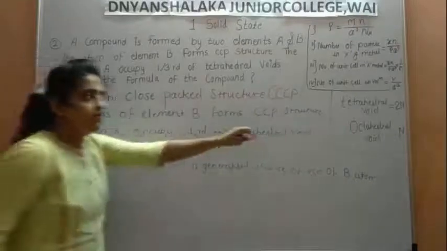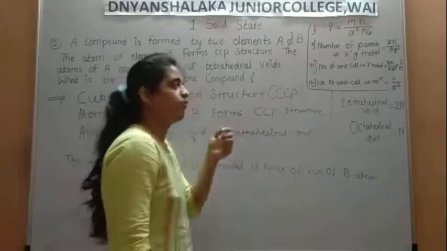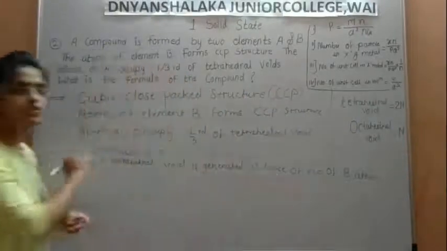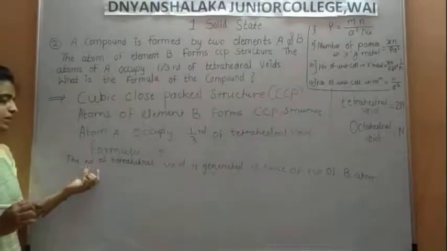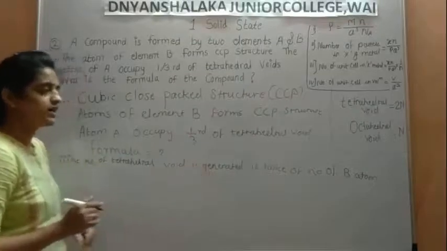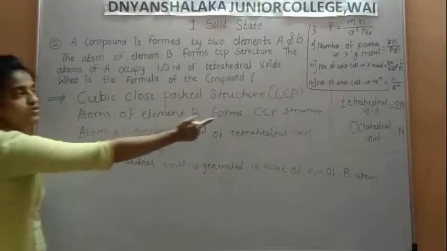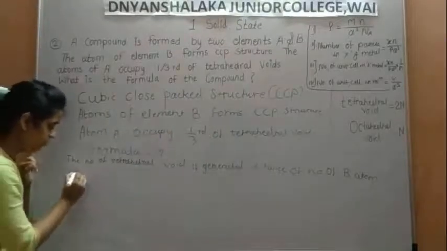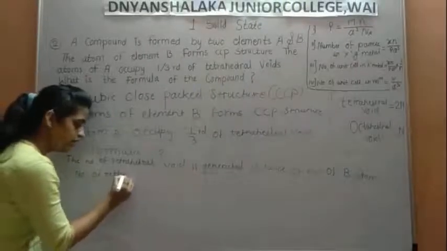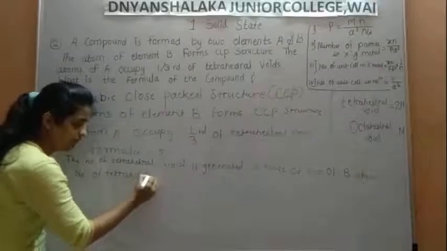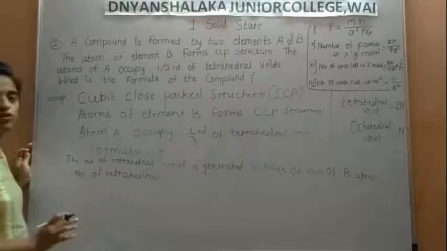We also studied that the tetrahedral void is 2n, where capital N is the number of particles, and the octahedral void is half of the tetrahedral void, so we consider it as only 1n. So in this example, the number of tetrahedral voids generated is twice the number of B atoms. So first we write, using this formula, the number of tetrahedral voids.